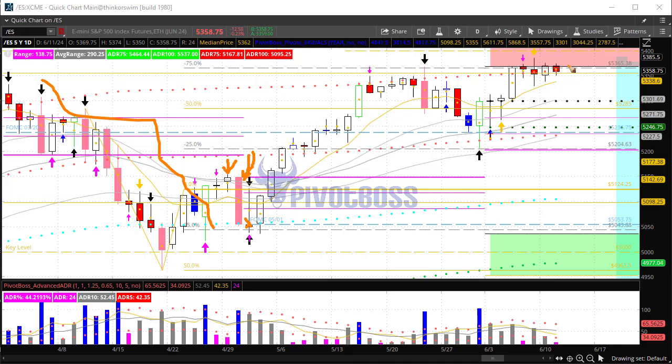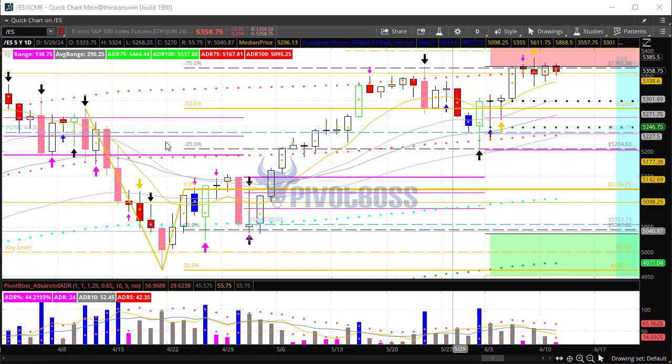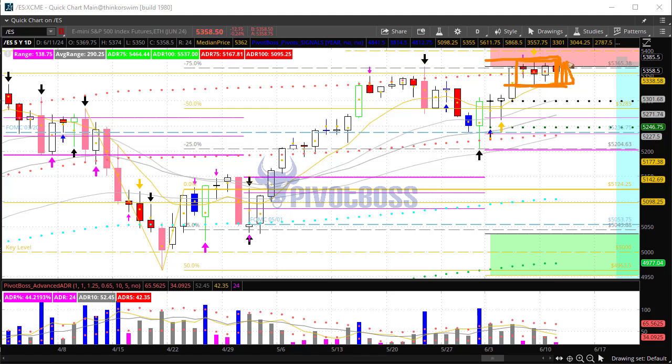As of right now, heading into the RTH Open, we have this small inside day: 24 points, 44% of ADR, and a 4-day narrow range that has developed. That's likely going to persist for the most part. We may not finish the day an inside day. We still have the previous Friday high and previous Friday low, and we could trade anywhere in there and stay within a narrow 4-day range.